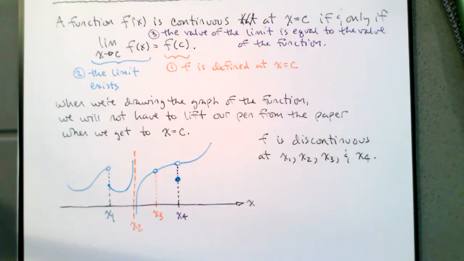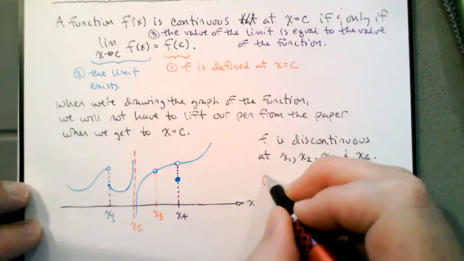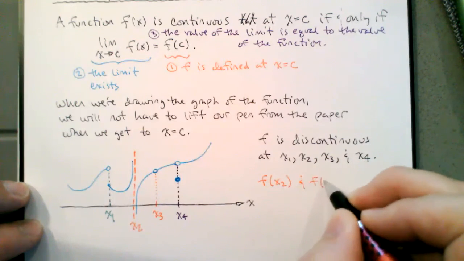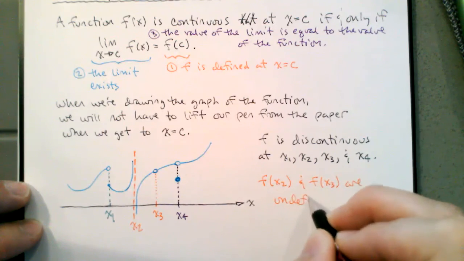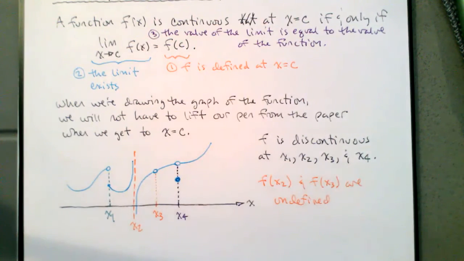F is discontinuous at x2 and x3 because the function is undefined at those points. I did not draw any spot on those points. So f of x2 and f of x3 are not defined. We try to plug in x3, there's no value for x3.